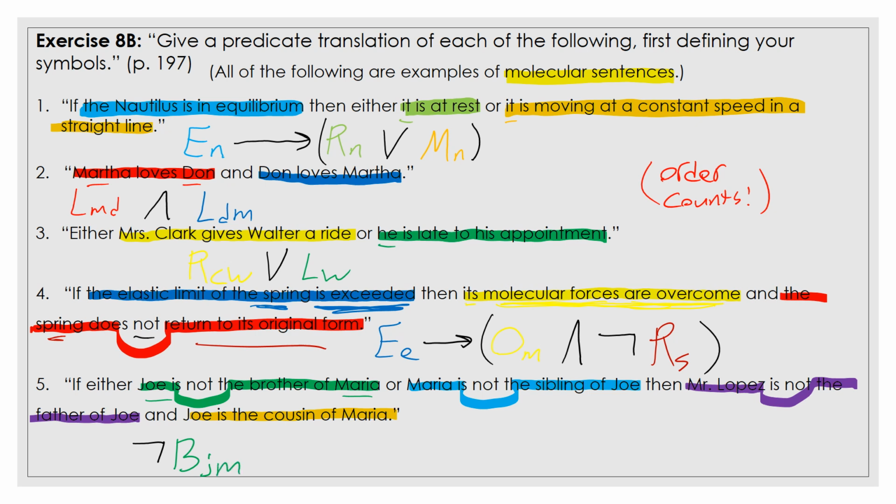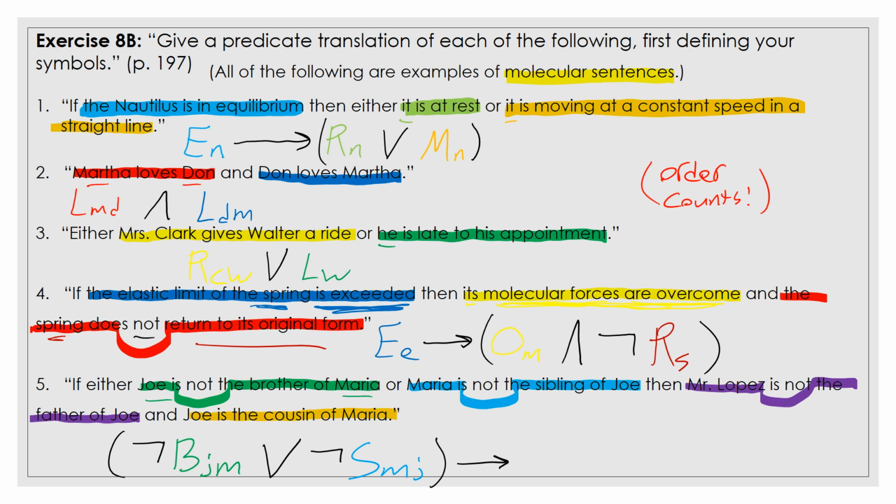We have our disjunction, so or. Maria is not the sibling of Joe, so we have a negation. Maria is the sibling of Joe, sibling of is the predicate, capital S. Maria, lowercase m. Joe, lowercase j. So this is the antecedent to a conditional.